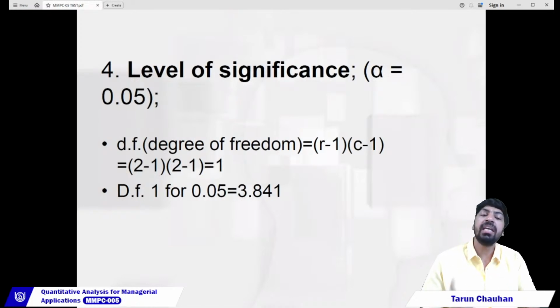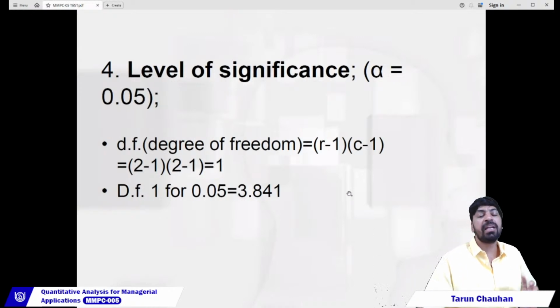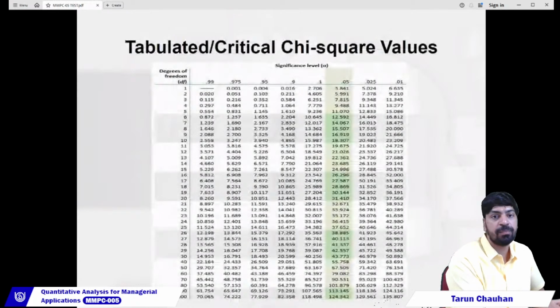So now the degree of freedom is 1 and the level of significance is 0.05. So now we have to check the tabulated chi-square value from the table. So let's begin. Degree of freedom is 1 and the level of significance is 0.05. So this is the table given to you.